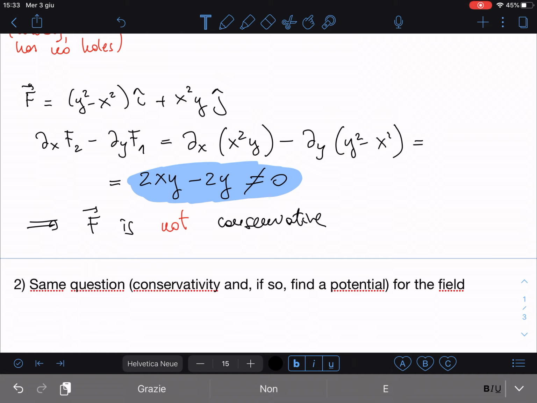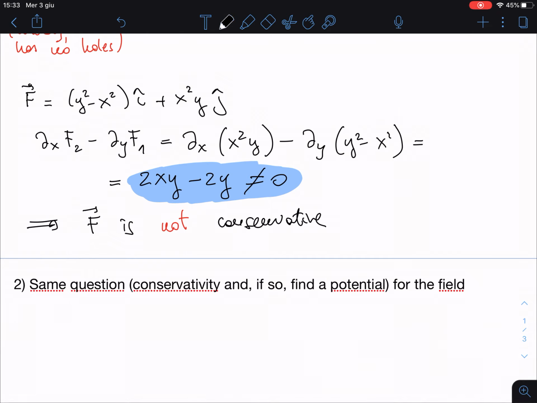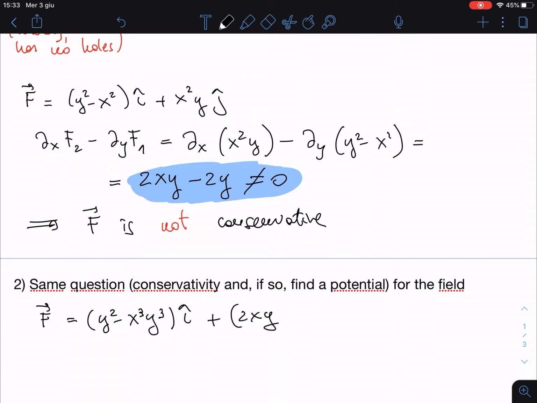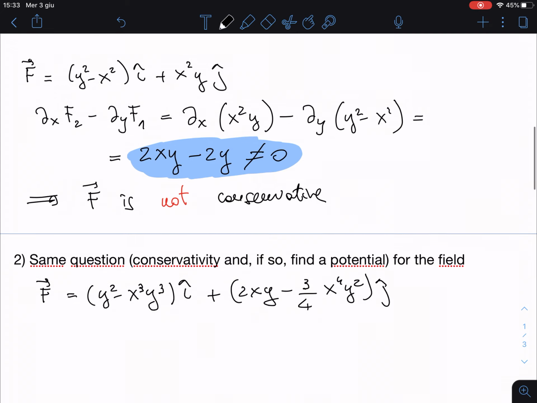So let us put here another field. The field this time is F equal to (y squared minus x cubed y cubed) i plus (2xy minus 3/4 x^4 y squared) j.